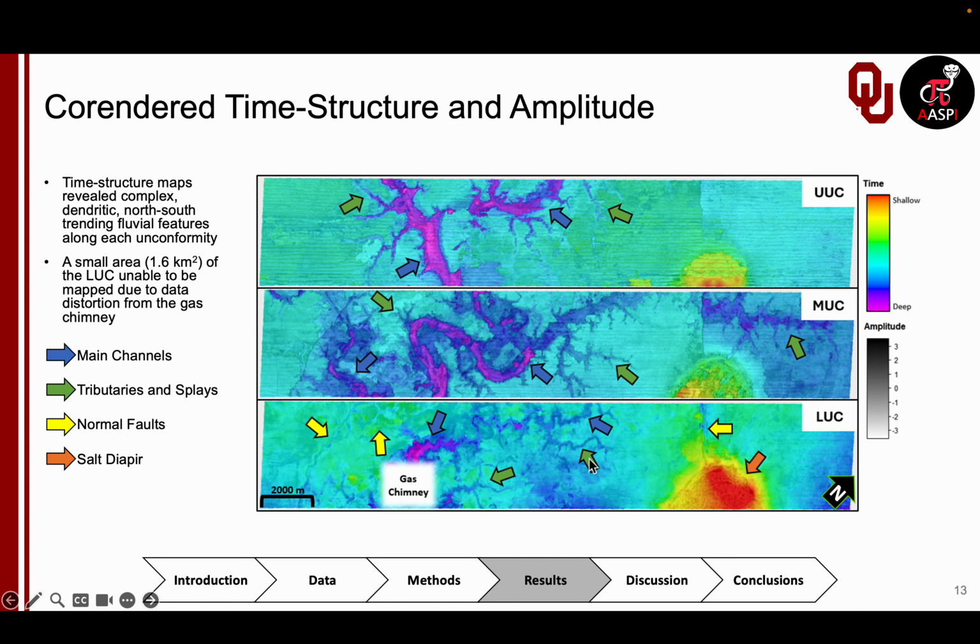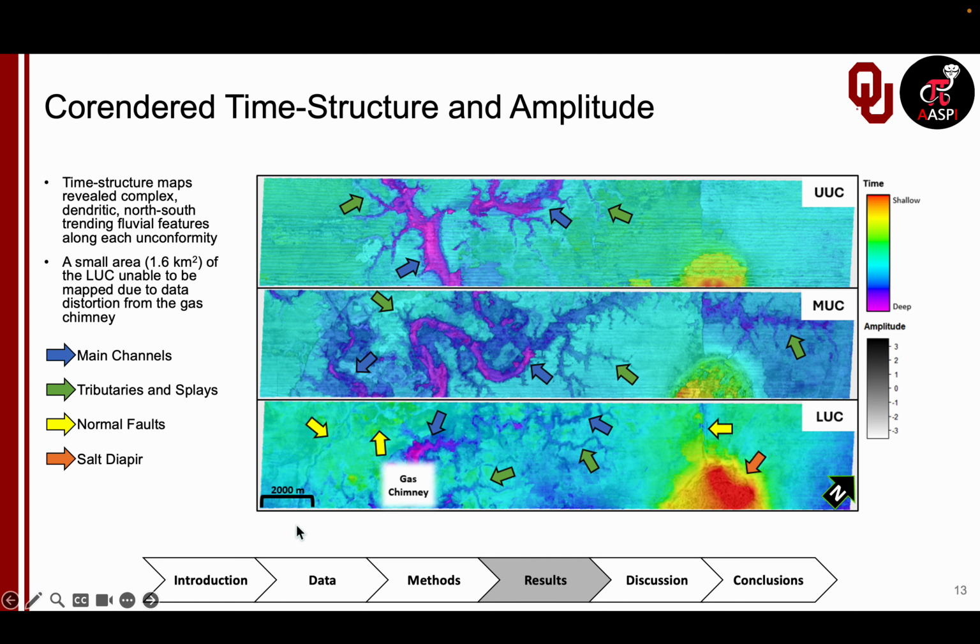I want to go back down to our LUC and touch on this gas chimney here. I told you that it distorted the data, specifically in the lowermost portion of our interval of interest, and this is basically what it caused. It disabled me from being able to map part of this lower unconformity, because the data was very distorted and I could not confidently map through that area.